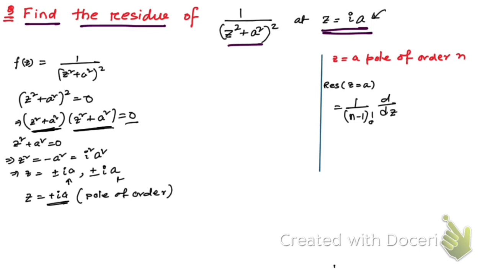So here, if the order is n, then the order of the derivative should be n minus 1. So you have to differentiate n minus 1 times.